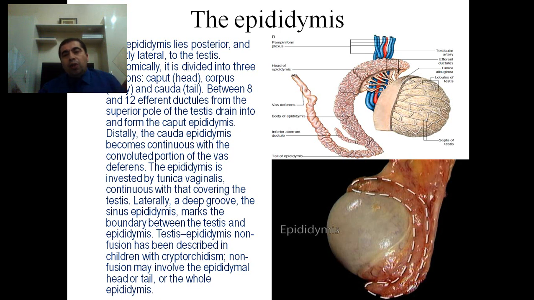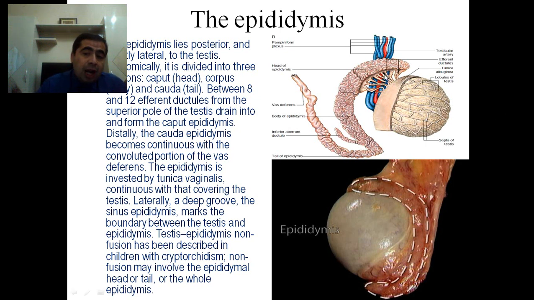Also, on the head of the epididymis, we can find the appendix epididymis, and just behind the head of the epididymis, you can also observe here the paradidymis. These two structures are also rudimentary, and they are derivatives of the Wolffian body, not Wolffian duct, Wolffian body.